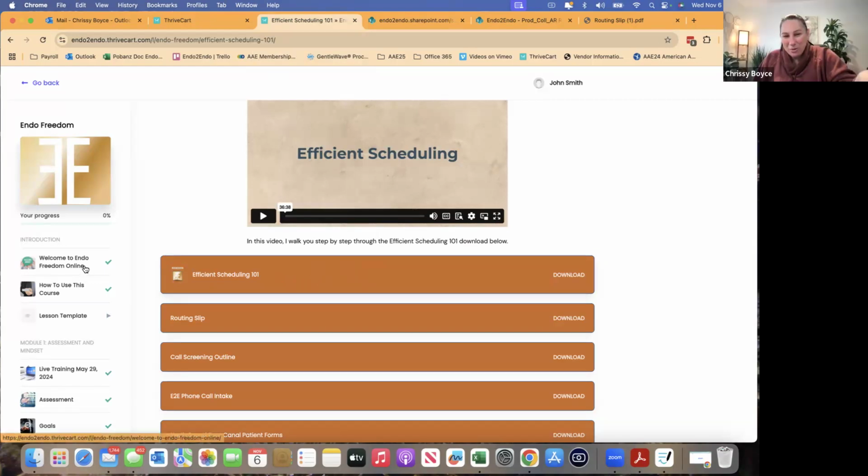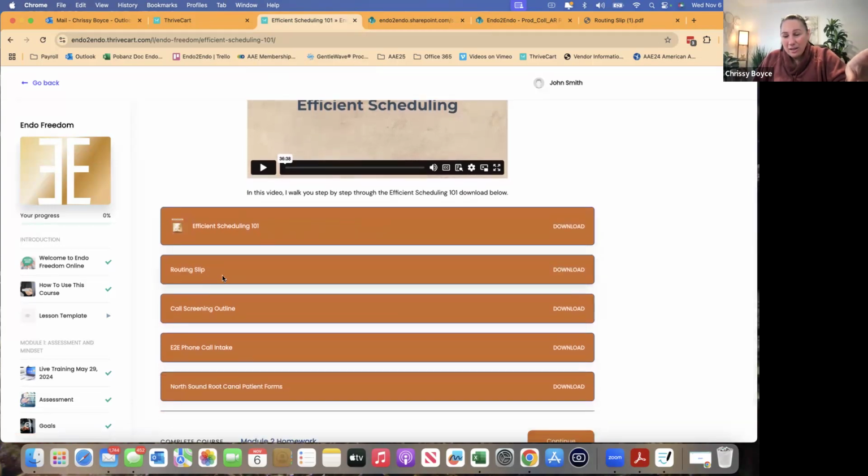Pull up this module. This is module number 2. It's efficient scheduling. You can see right here, this is the routing slip that I showed you. Download that, download the call screening process, download the intake form, and this is patient forms. You don't have to use these, but this is what Dr. Simcock gives his patients to fill out.